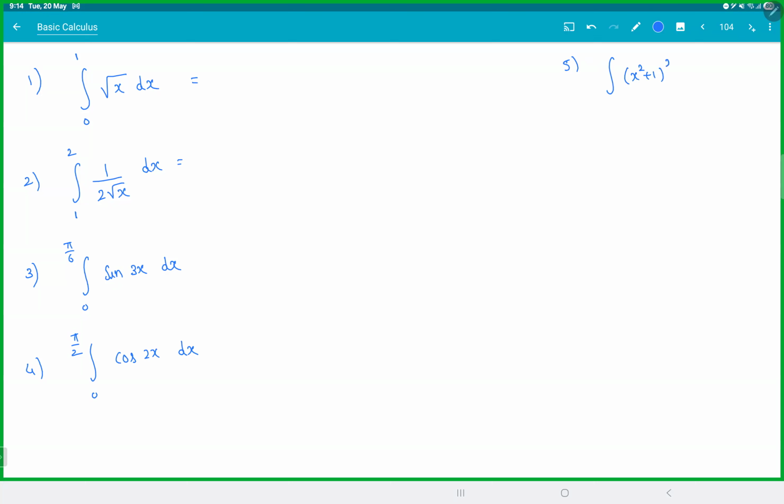Integral x square plus 1 whole square from 0 to 1. Integral e power 2x dx from 0 to 1. Integral sine square x dx from 0 to pi by 2.